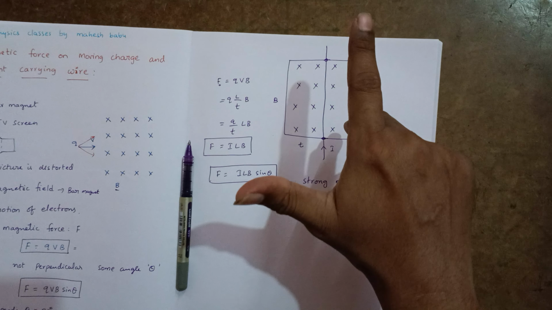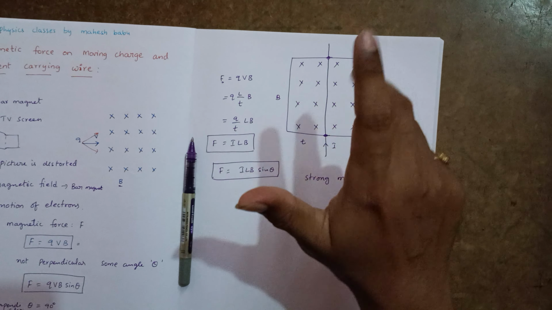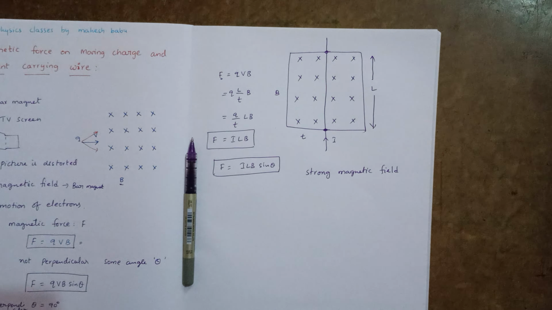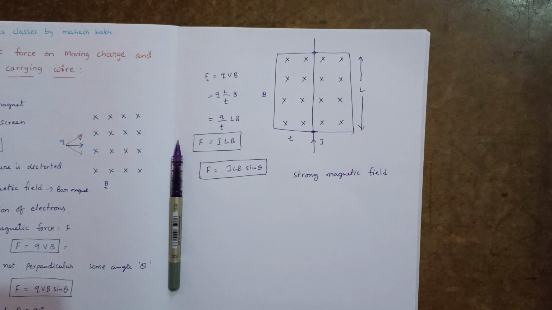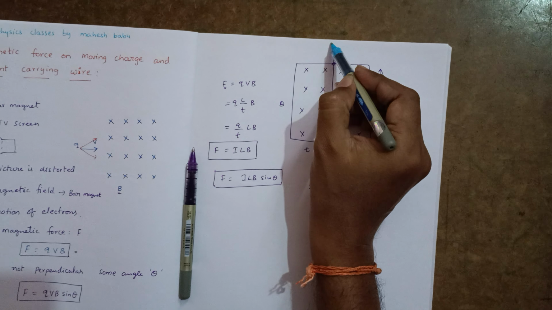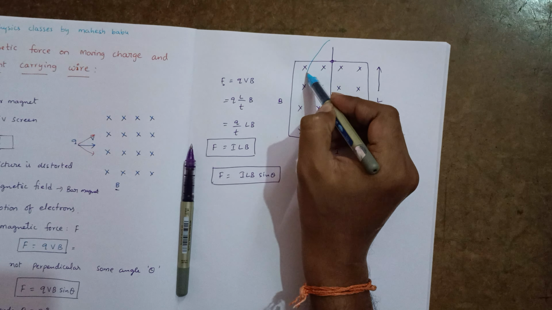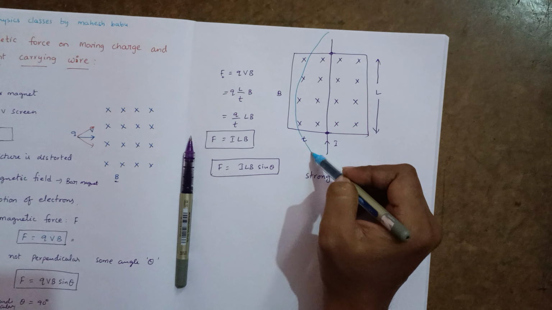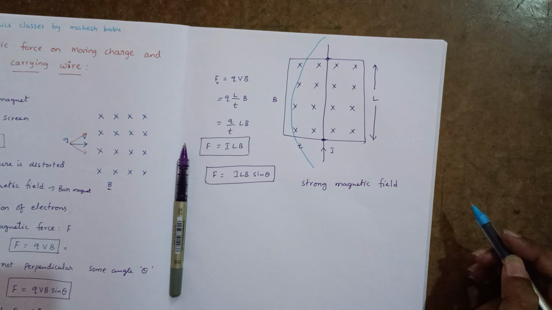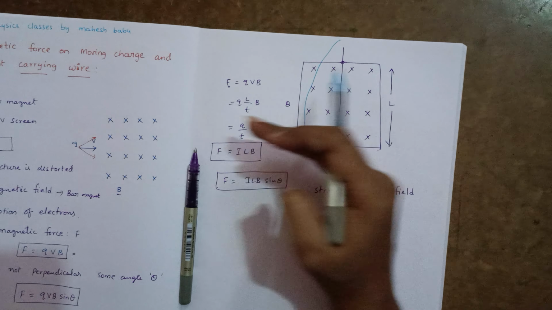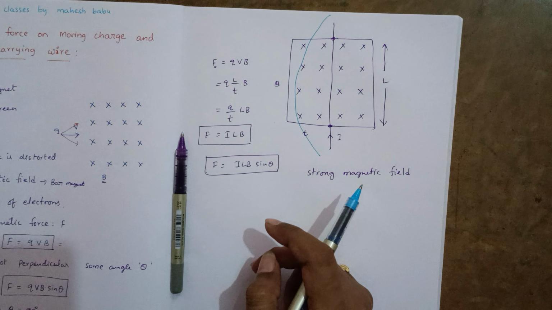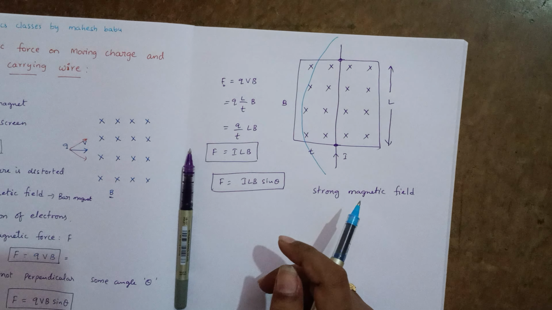Now the force is acting to the left side. So due to that, this wire is shifted from the strong magnetic field to the weak magnetic field. A force acts on it and pushes it out.